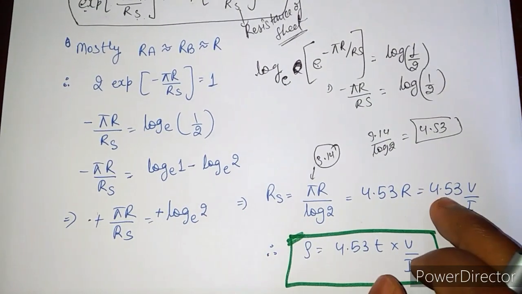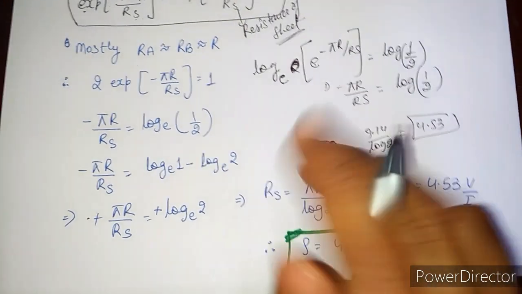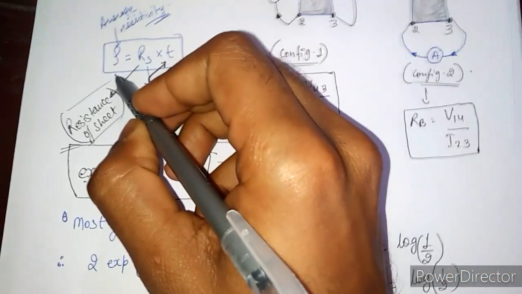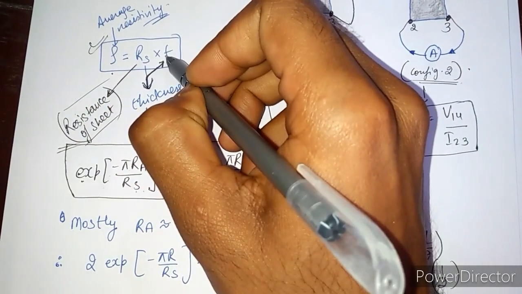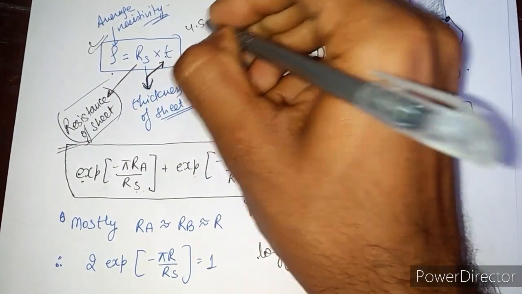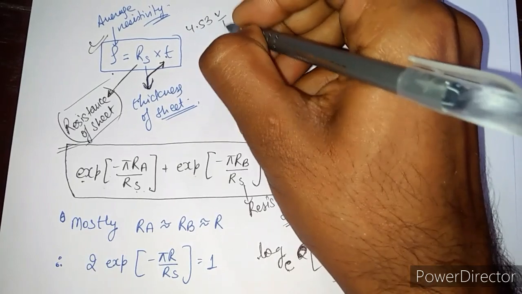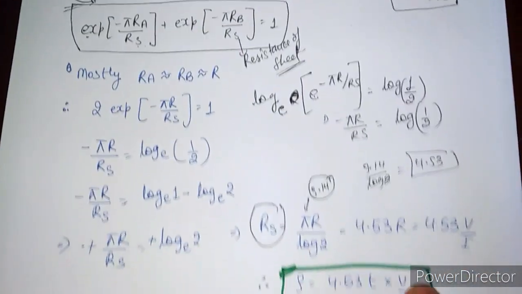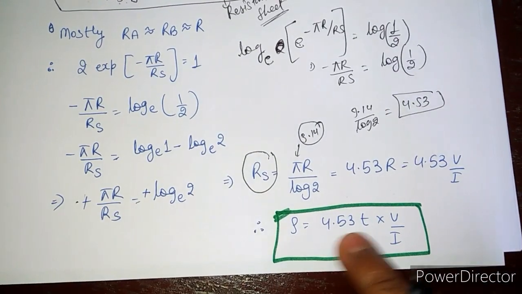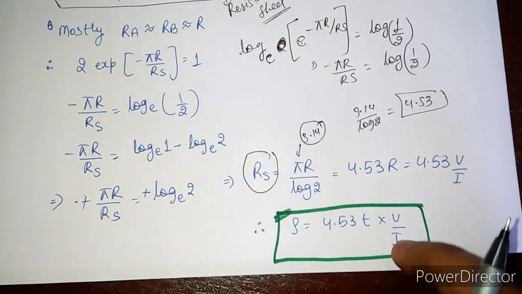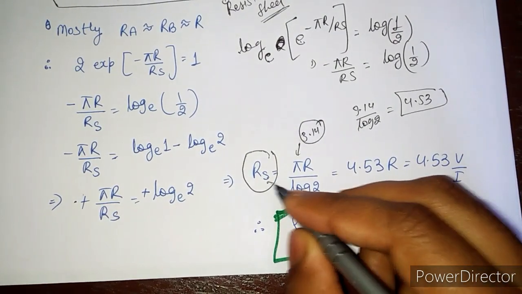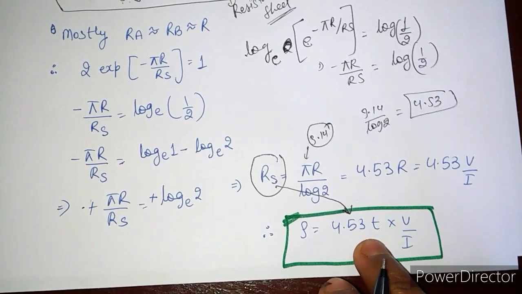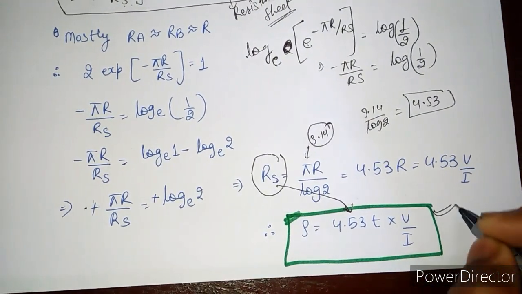So the value of Rs is 4.53 V upon I. Now we put this value of Rs in the equation rho is equal to Rs into t. It becomes rho is equal to 4.53 t into V upon I.